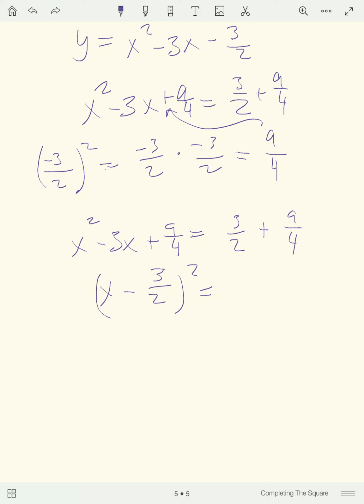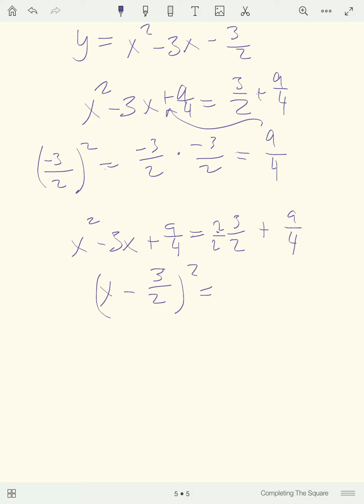And to do that, we need the same common denominator. I can see here that 4 will be the easiest one to get to. So to make the same common denominator, we're going to change that 3 over 2 to have a denominator of 4. And the way that we do that is we need 2 times 2. And whatever we do to the bottom, we also have to do to the top.